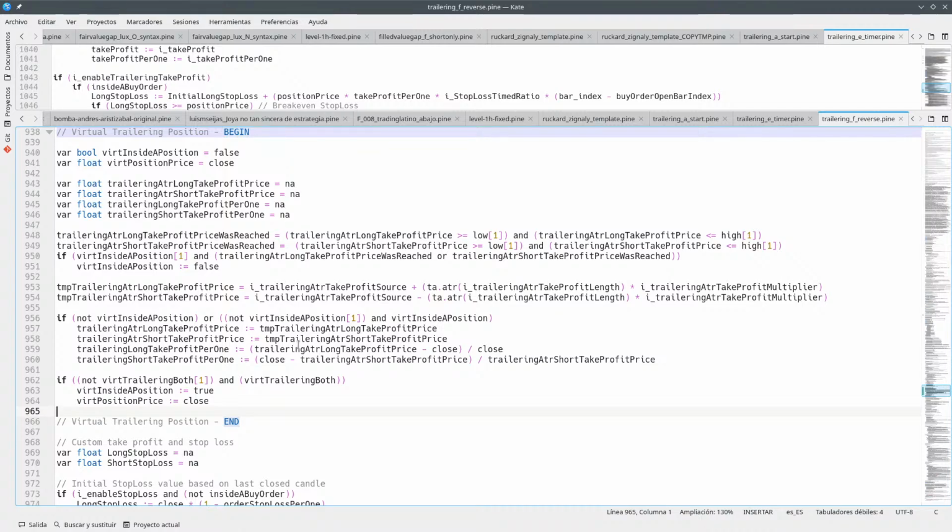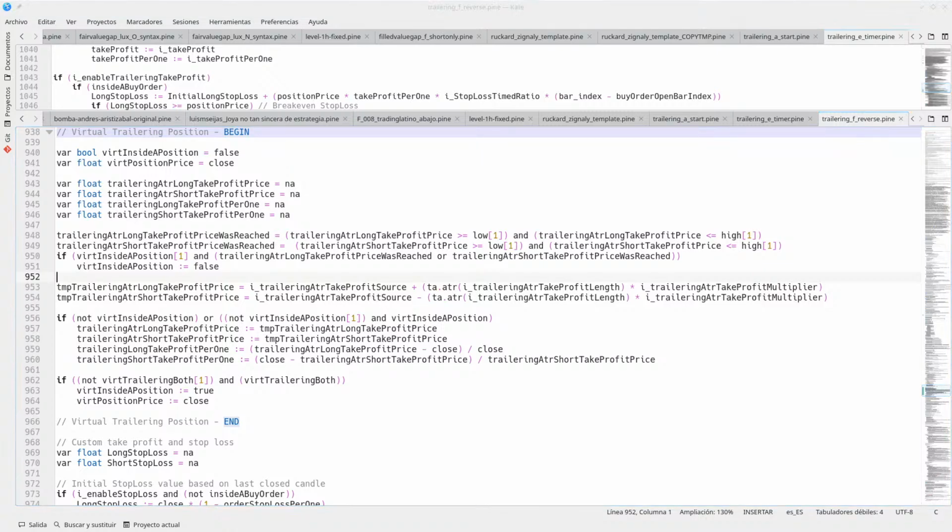Now we need to think about all of the rest of stuff that we need in order to deal with this virtual position, because here we have found out how this price was reached, and that means that we can do something with this, and this is going to be nice. So I'll be back in a minute or so.